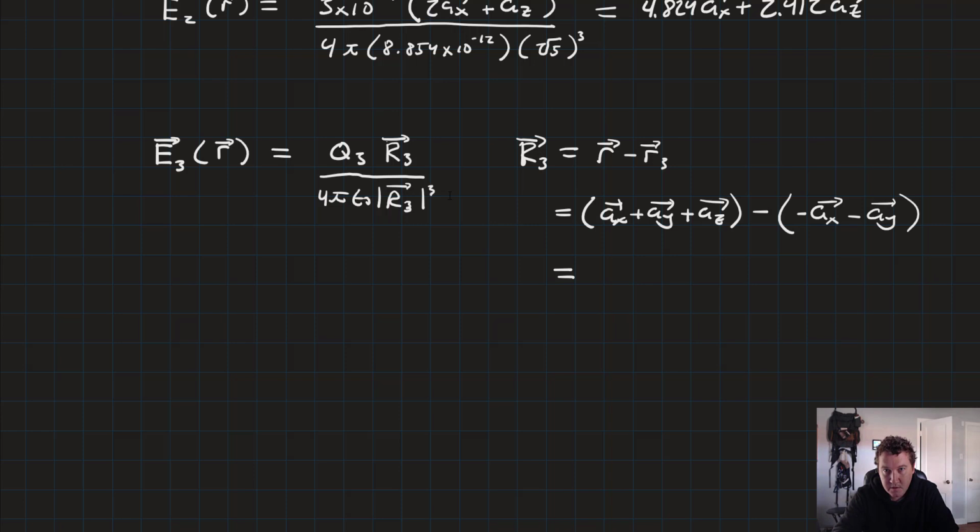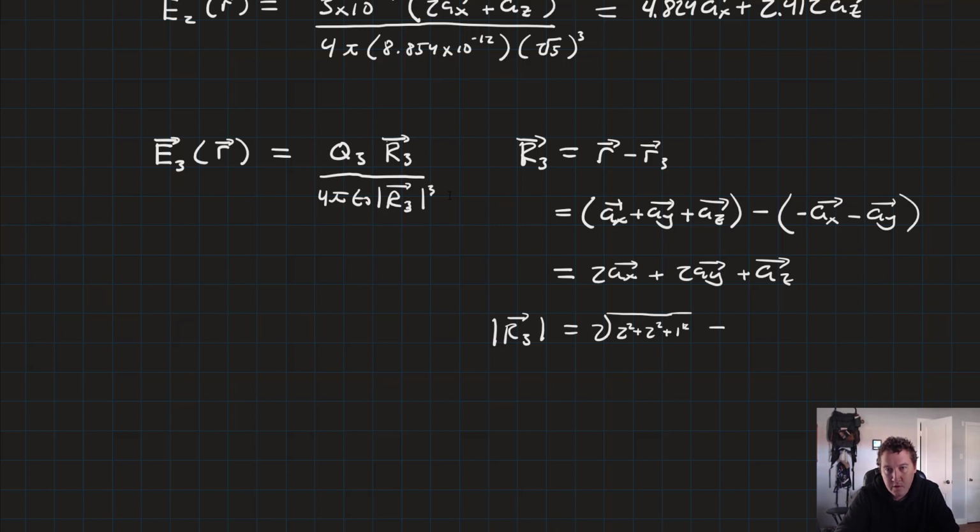So that's going to be equal to 2ax plus 2ay plus az. And the magnitude of R3 is going to be equal to the square root of 2 squared plus 2 squared plus 1 squared, which will be equal to the square root of 9, which is equal to 3.